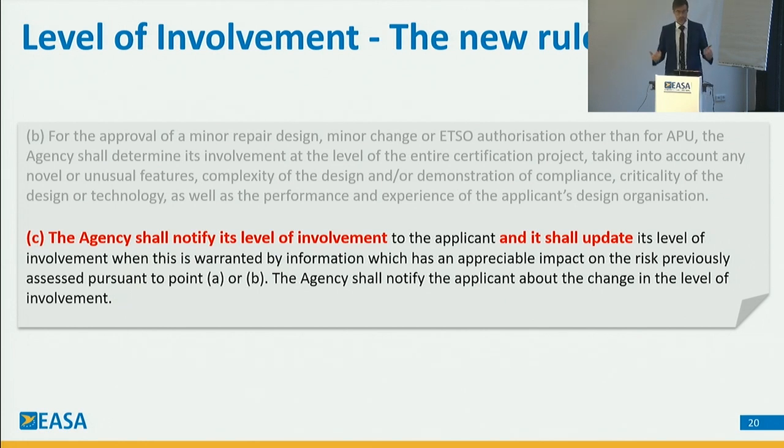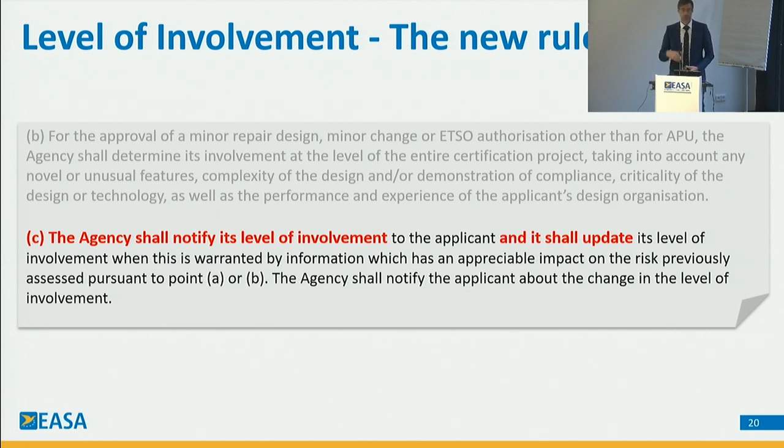So you will receive a letter, a document from us where we tell you in which compliance demonstration activity and data we want to be involved and to what extent. And in case our involvement changes throughout your certification project, we redo the risk assessment, or you redo the risk assessment and make a proposal to us.